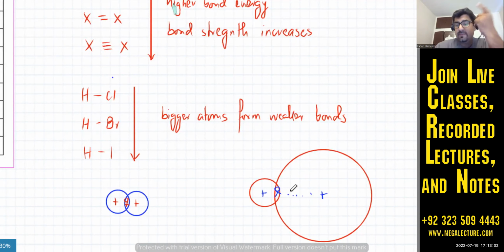You should already know this, that in a covalent bond, the reason the atoms are together is that the two nuclei are attracted to the shared electrons. So there's a mutual force of attraction. This nucleus is getting attracted to the shared electrons, and this nucleus is also getting attracted to the shared electrons. लेकिन वो जो force of attraction है ना, that is inversely proportional to the distance. The further you are, the weaker the attraction, right? So remember this, that smaller atoms always form stronger bonds, and bigger atoms always form weaker bonds.